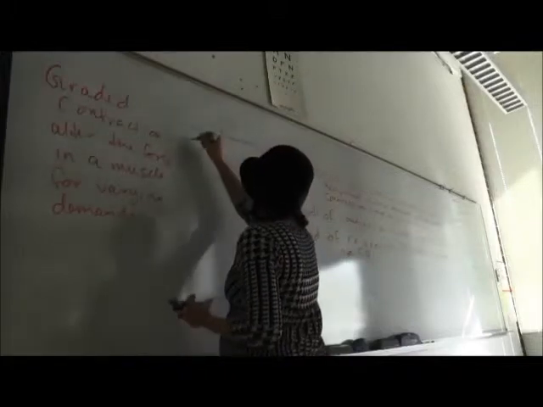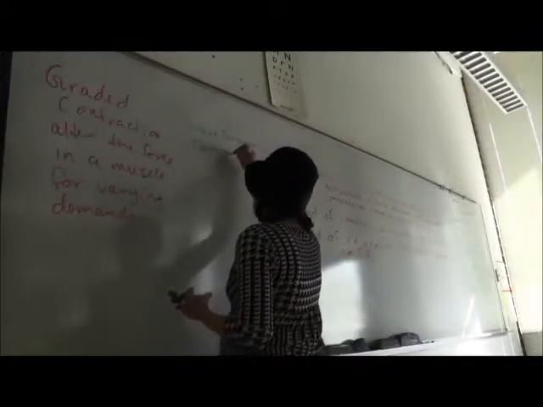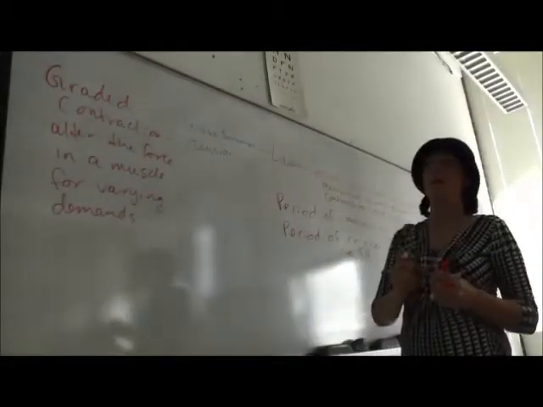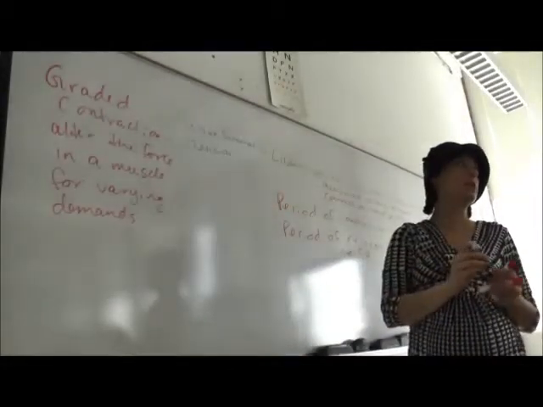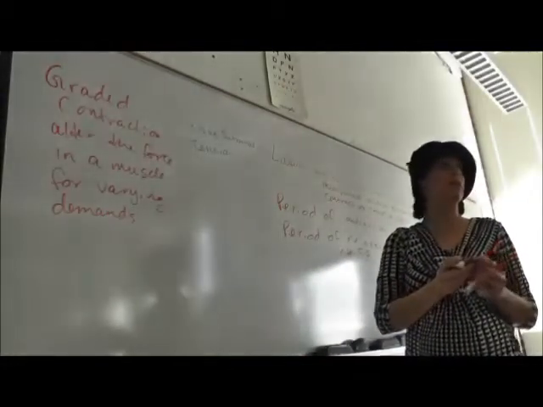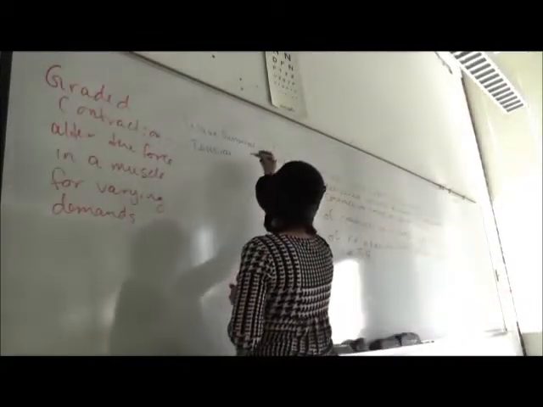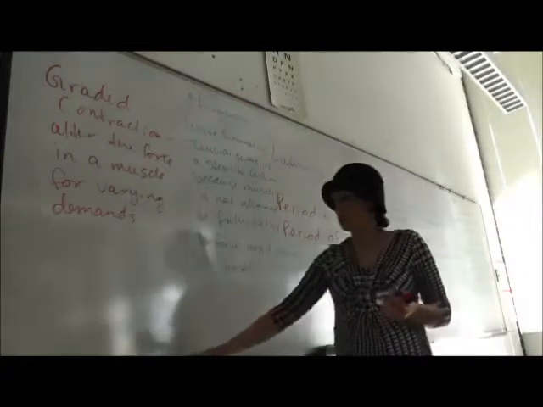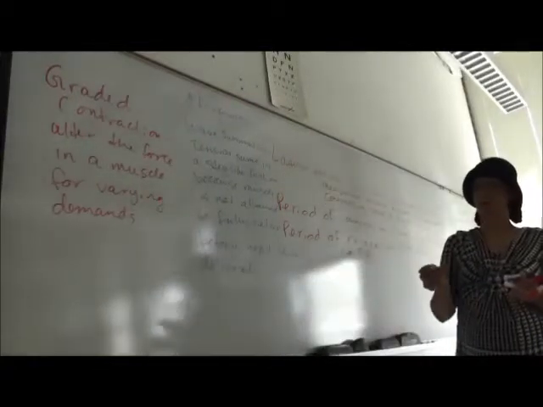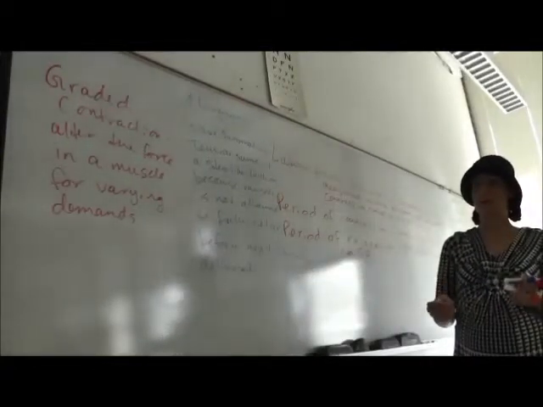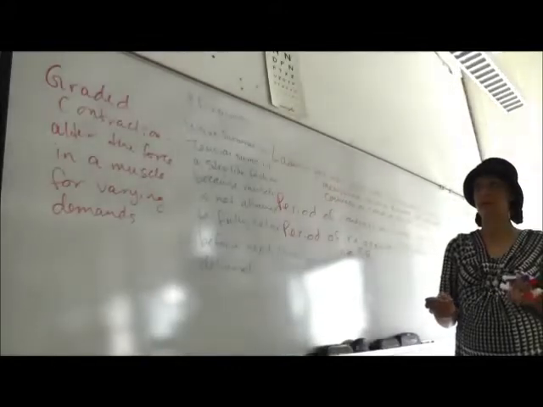And what we can say is that the tension in the muscle is going to increase in a wave-like fashion because we're increasing the frequency of stimulus, so there's not enough time to relax before we deliver the next stimulus. So this is going to lead to a phenomenon that we call unfused tetany or tetanus or incomplete tetanus.